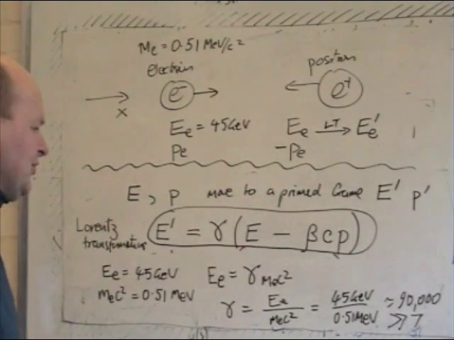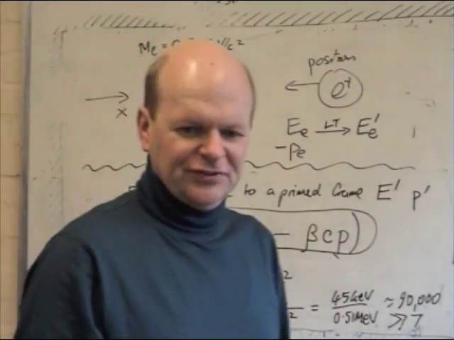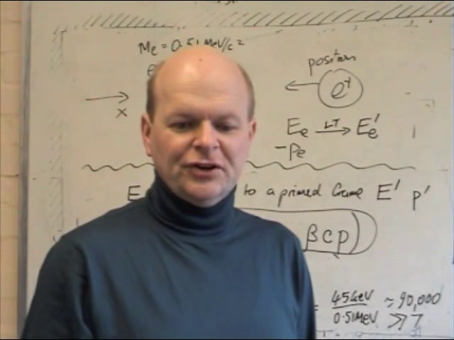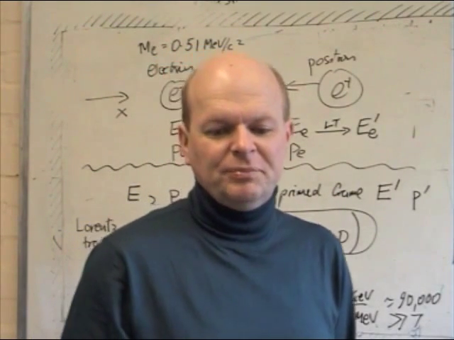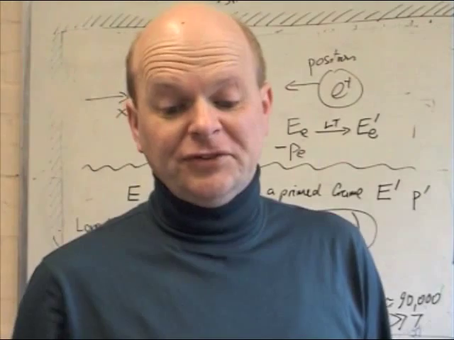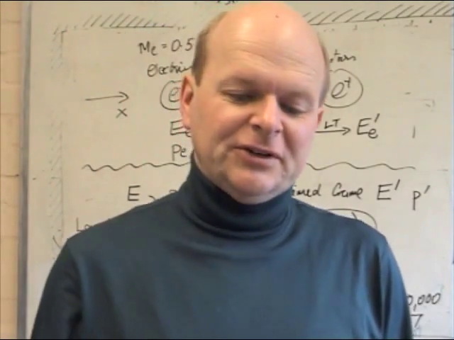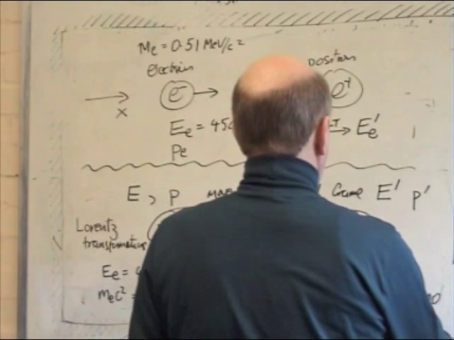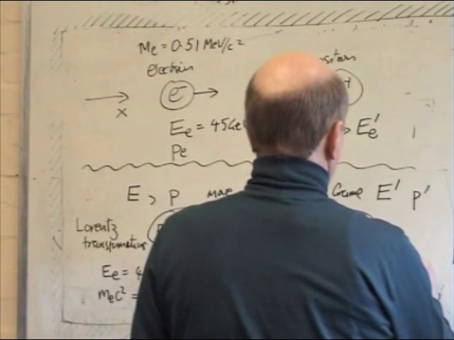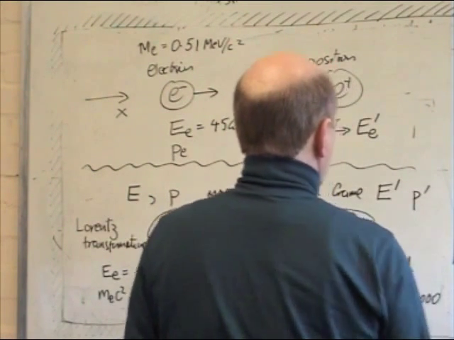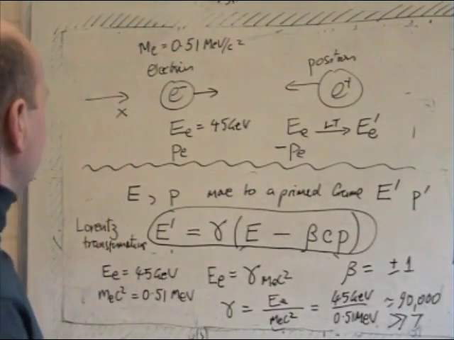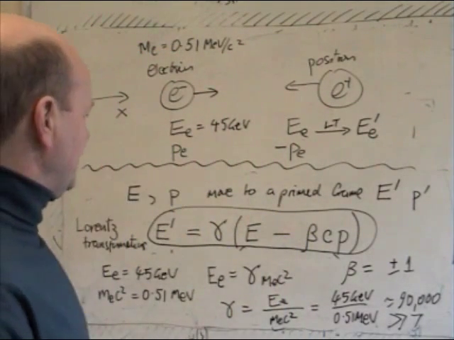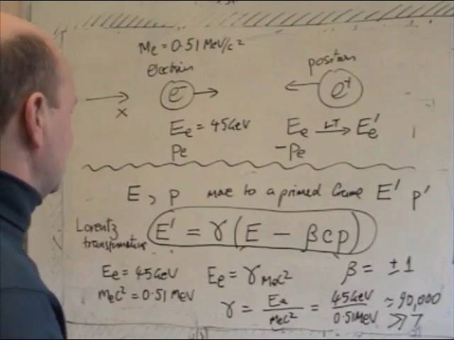Now I told you in lectures that whenever gamma is greater than 7, you can consider the magnitude of beta, which is v over c, to be as near as makes no difference 1. So we're going to put beta equals plus or minus 1. It's plus 1 if the electron is moving to the right, and minus 1 if it's moving to the left.